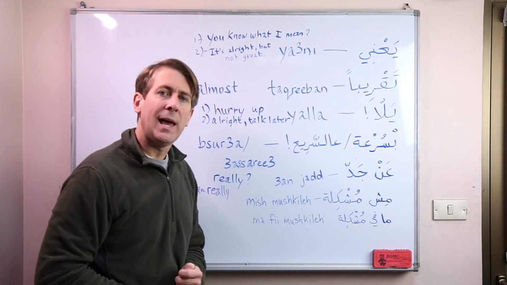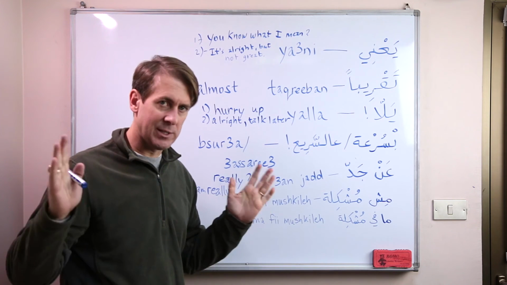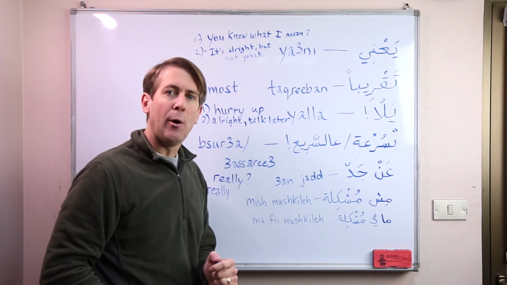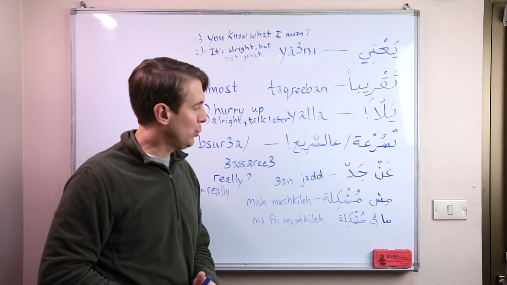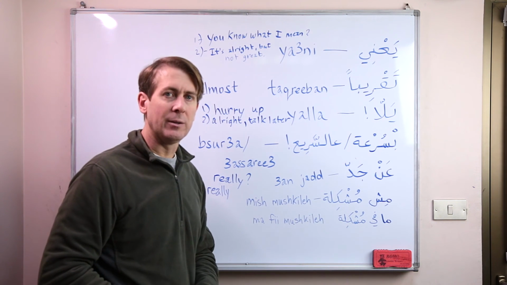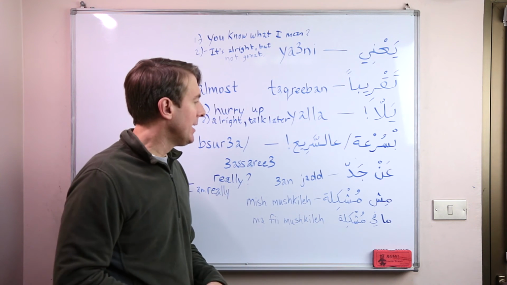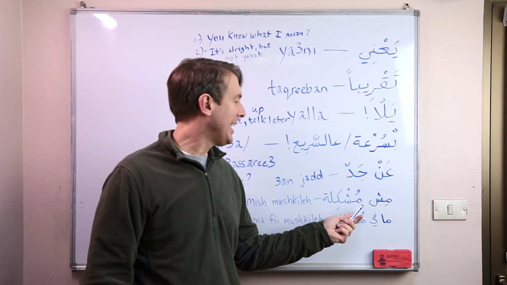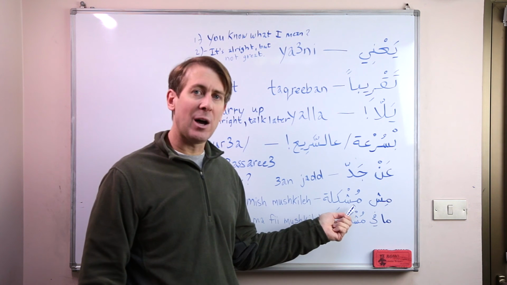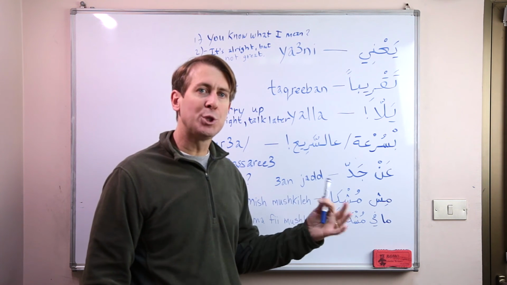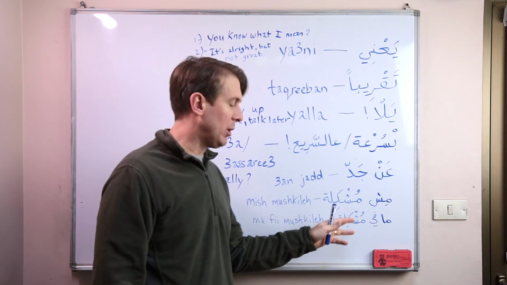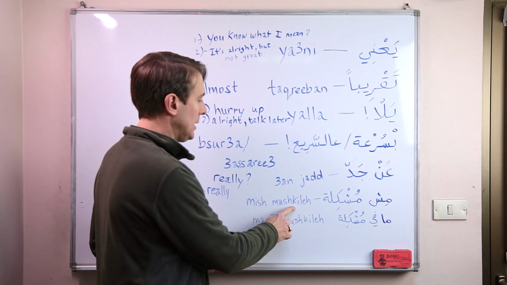Okay, the last one, at least for this segment, is مش مشكلة. Now, most every beginner student will know this one. It's مش مشكلة, مش مشكلة. In Egypt, they would say مفيش مشكلة. But in the Levant, we say مش مشكلة. مشكلة means problem.